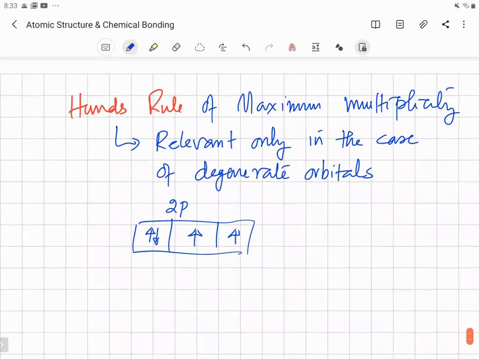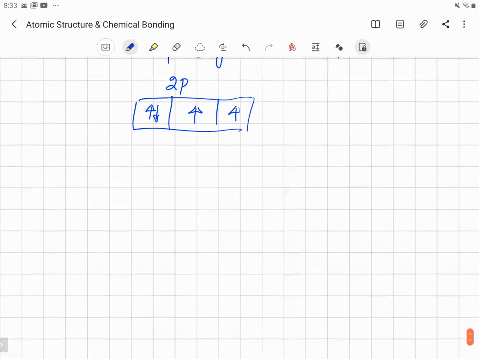So then we have discussed Hund's rule of maximum multiplicity, which says, for degenerate orbitals... What are called degenerate orbitals? Say for example 2p. 2p has 3 orbitals, right? 2px, 2py, and 2pz. All these 3 are called degenerate orbitals.